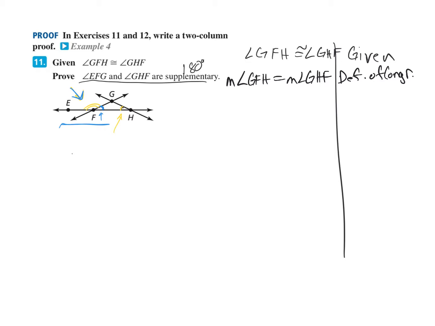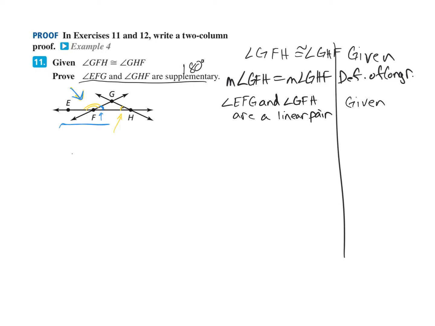And now we can say that angle EFG and GFH, take a look at those, are a linear pair, and that's a given in the picture.